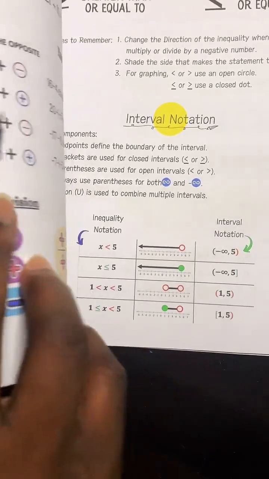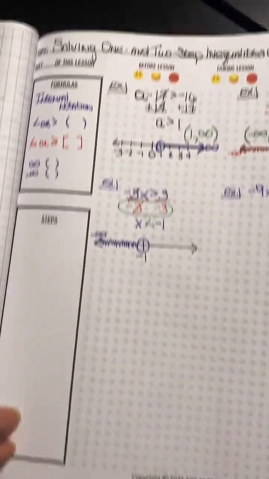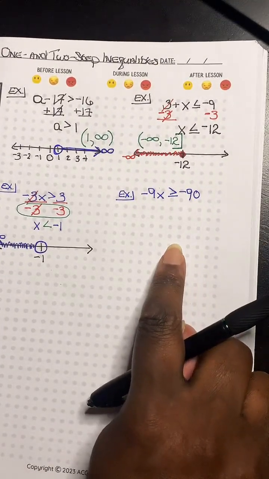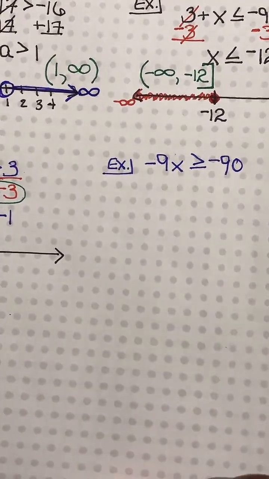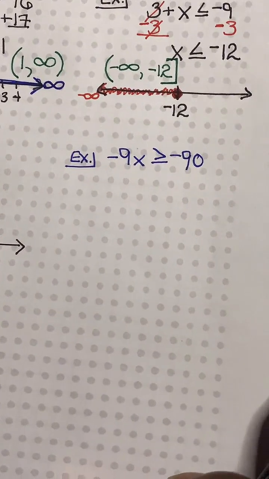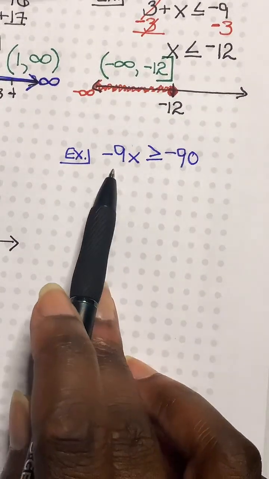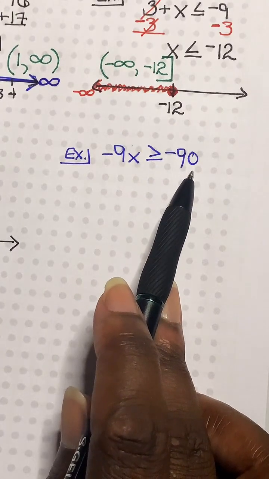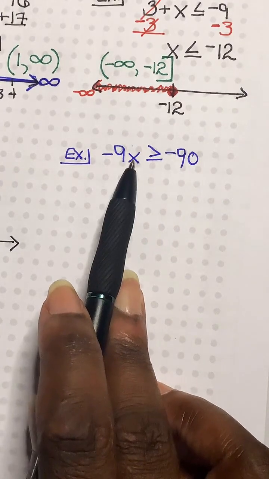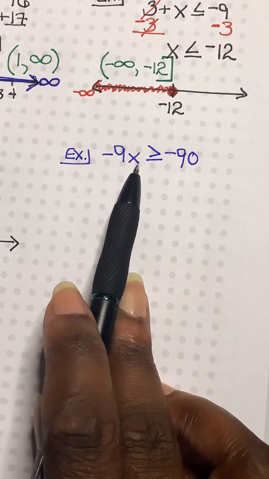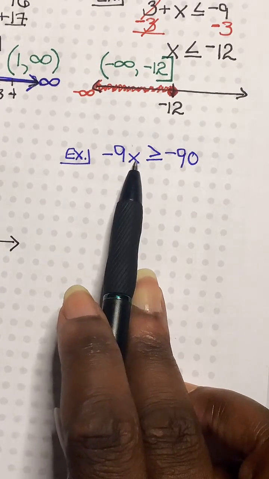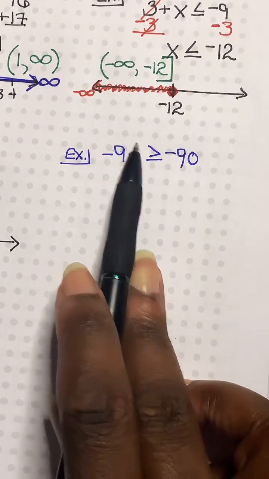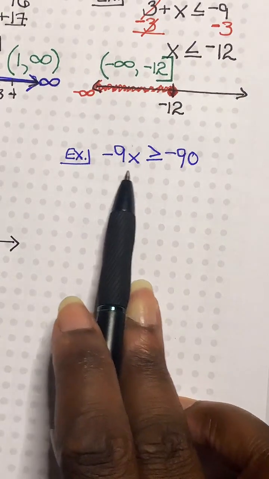All right, let me go back to this one, and I'll go from beginning to end. So we have negative 9x is greater than or equal to negative 90. We want to get x by itself. In between the 9 and the x, there isn't a plus or a minus, so that means this is multiplication.